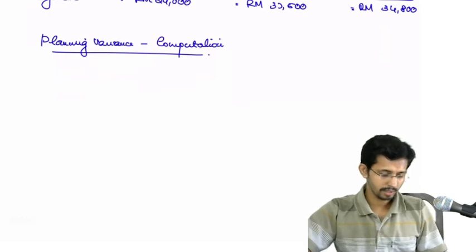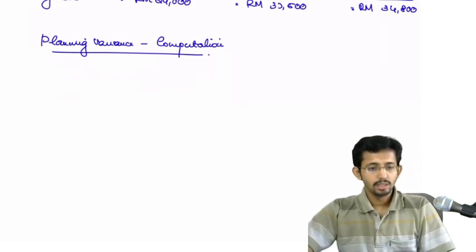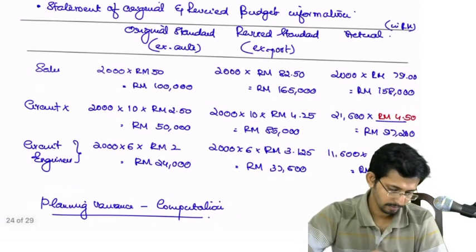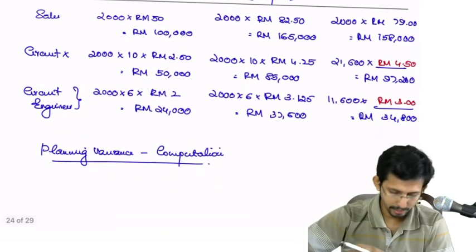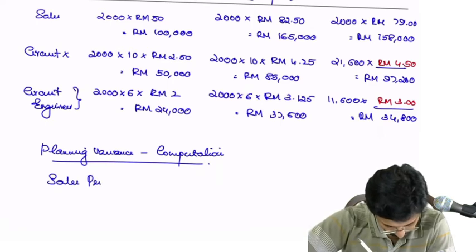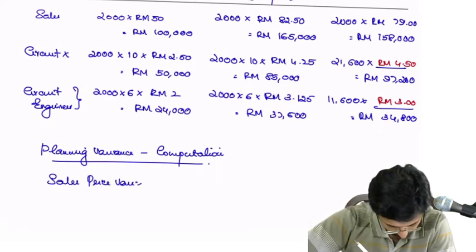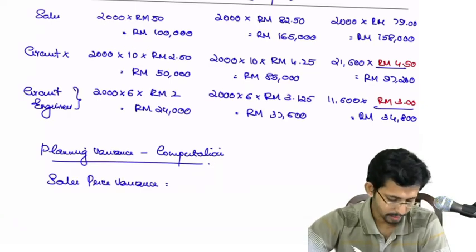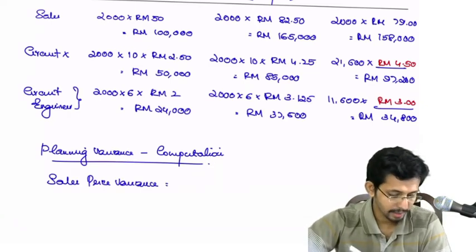First is what? Sales price variance is equal to original standard minus revised standard.